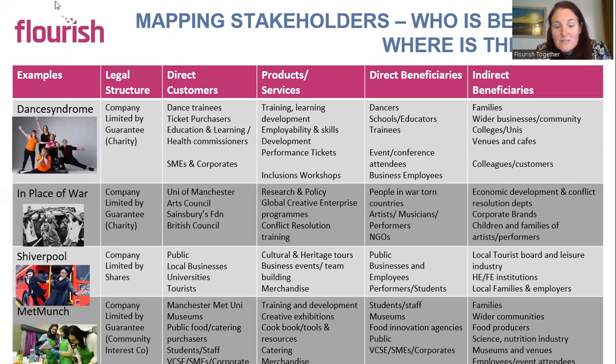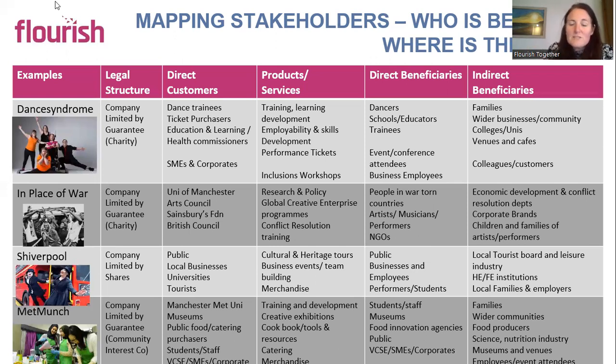The direct beneficiaries again are similar to the direct customers. Indirect, different, but again, it's those bigger pictures. It's the local tourist board and leisure industry, HE and FE institutions, because local students are being talent scouted to go and either volunteer or achieve paid work in the organisation.